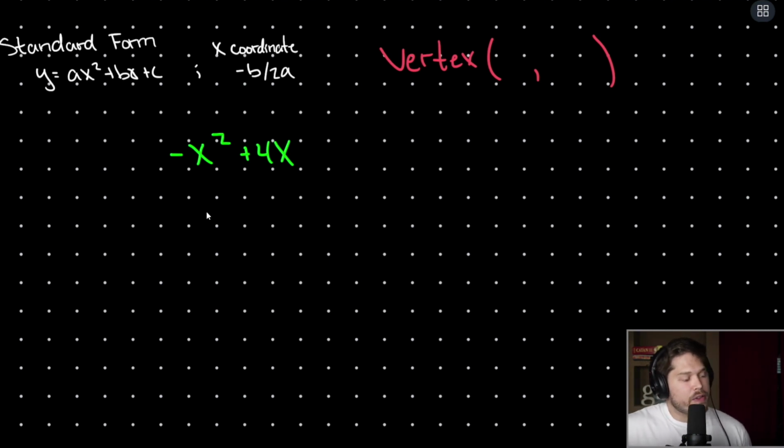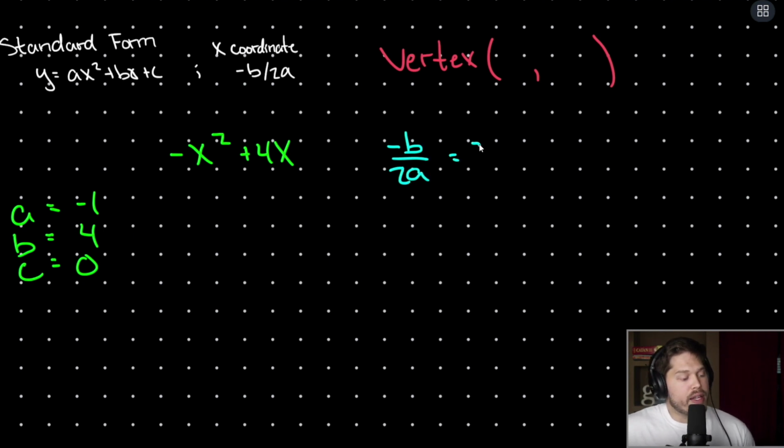Okay. So the first thing is we need to look for our a, b, and c values. Here our a value is negative 1, our b value is 4, and we don't have a c value, so we can just say it's 0. Next, we want to plug in our a and b into our x-coordinate formula of negative b over 2a.